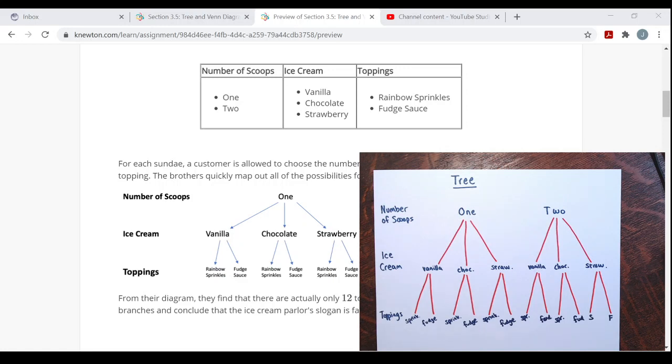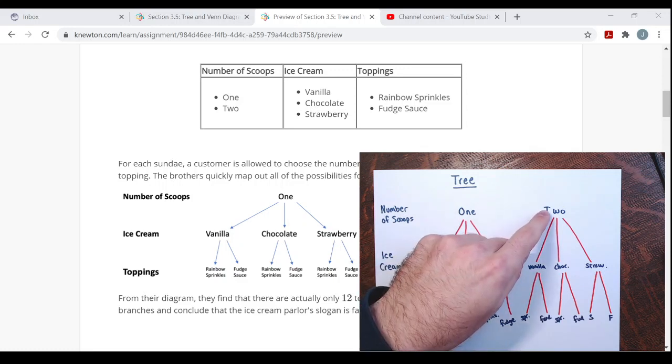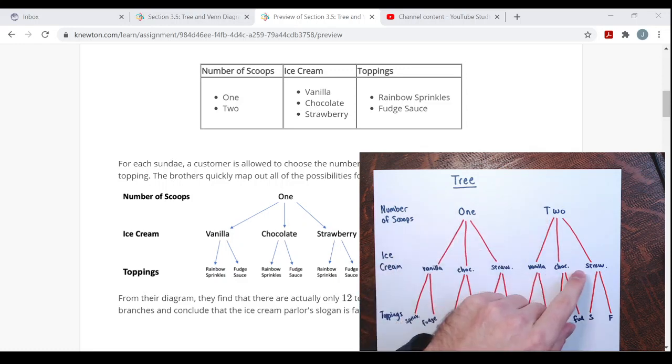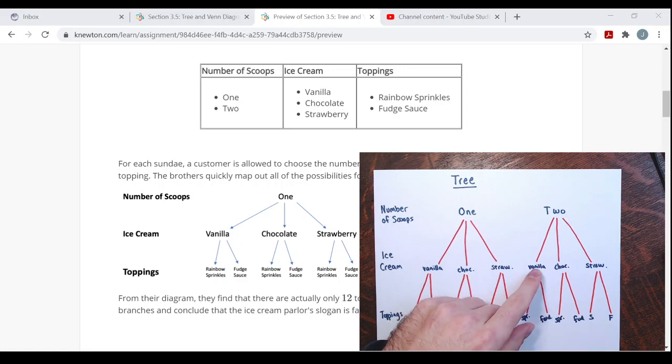Okay, this is a tree diagram for making a sundae, where I choose one of these. Say I wanted 2 scoops of ice cream, and then I choose my ice cream, 2 scoops of vanilla, and then I choose the topping. I want fudge, and count the numbers at the bottom.